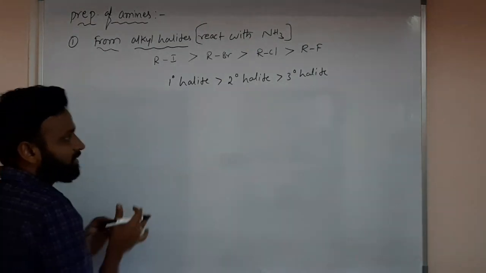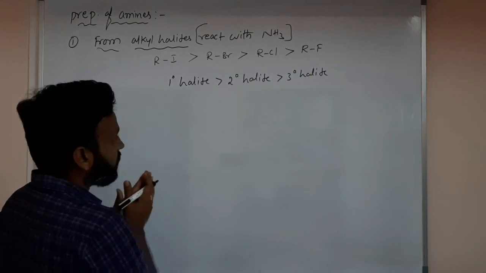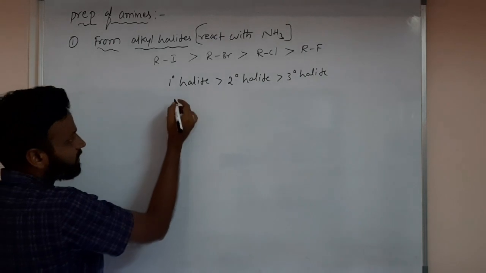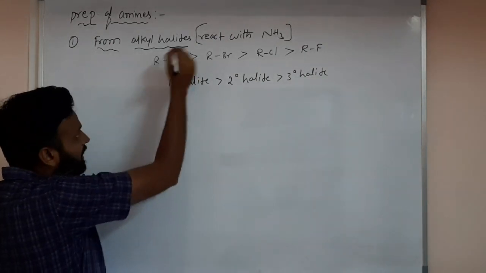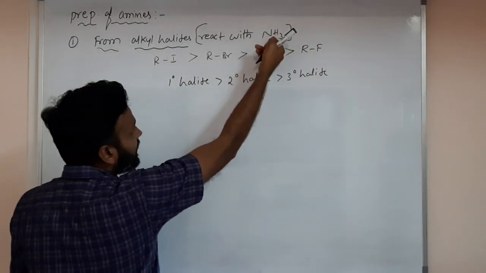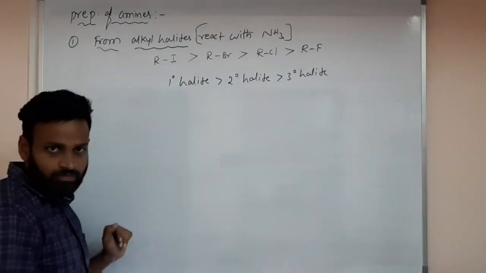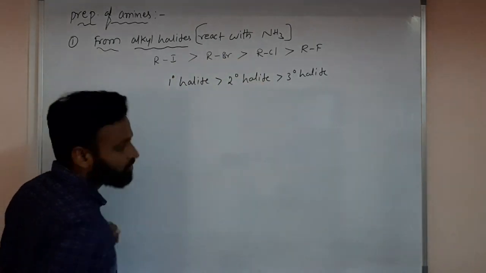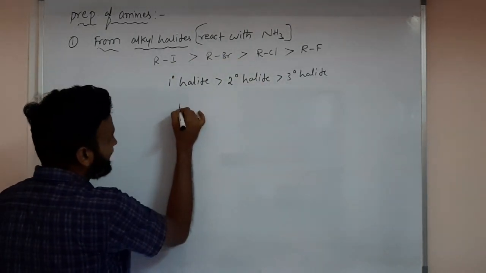Here I was not given a reaction, but which is more reactive? Iodides are more reactive because I minus has to go and NH2 must come here. Correct? So iodine has to go in the form of I minus. So who is the best leaving group?